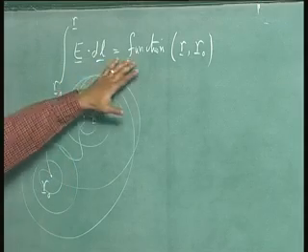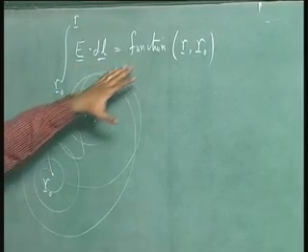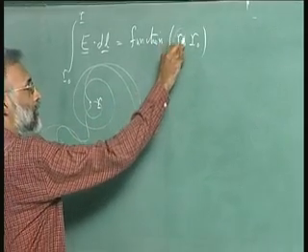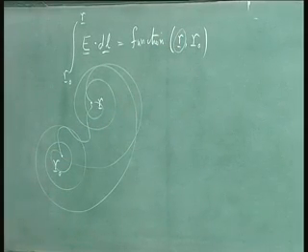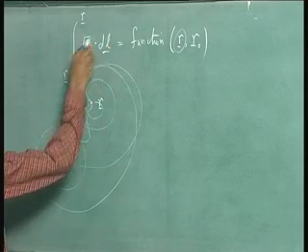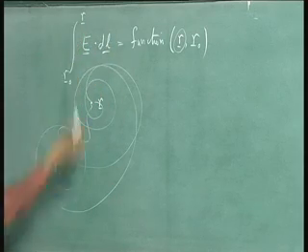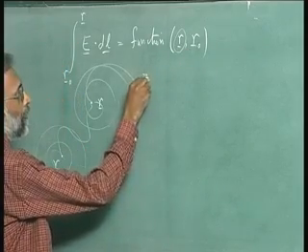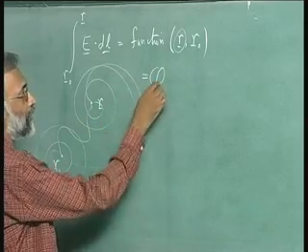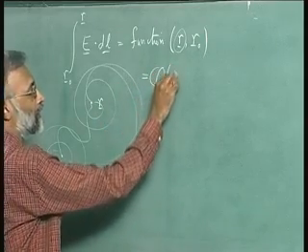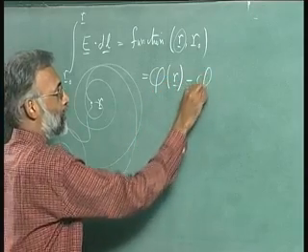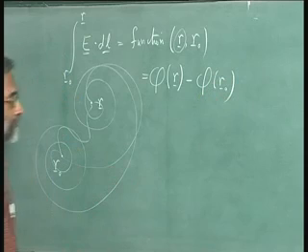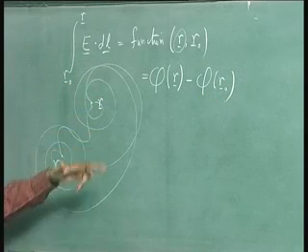Since the answer did not depend on how we went, the answer must clearly be a function of the positions r and r naught, and so we identified a scalar function, because this was a vector dot a vector, so it is a scalar, and the integral of a scalar is a scalar. We gave it a name, electrostatic potential phi, and it has a value at every point in space.